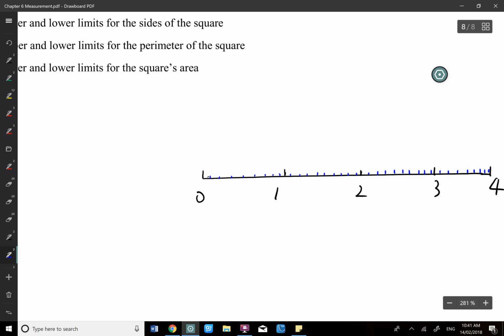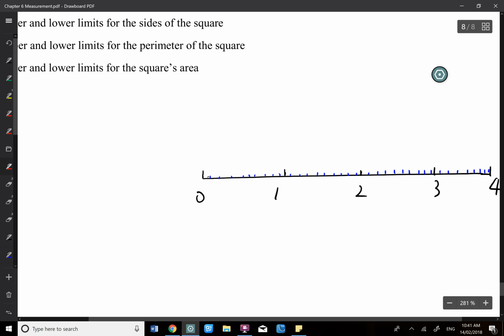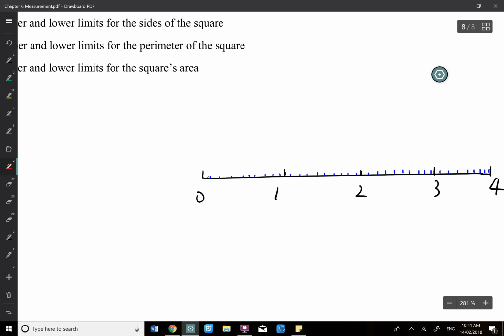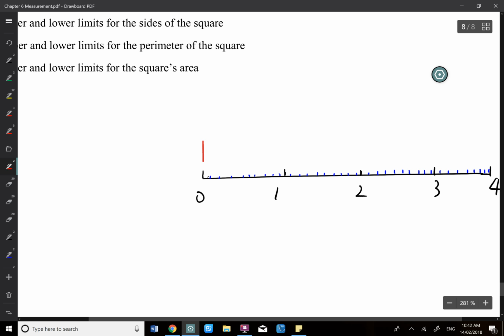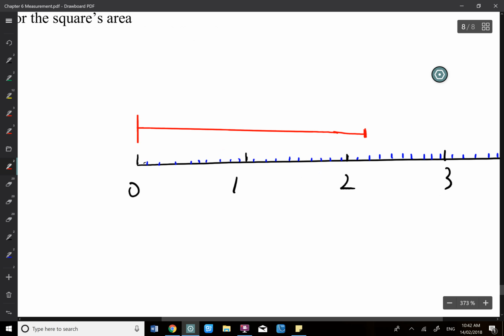And then I will draw an object. I put the left hand side at 0. This part is 2.2 centimeters.